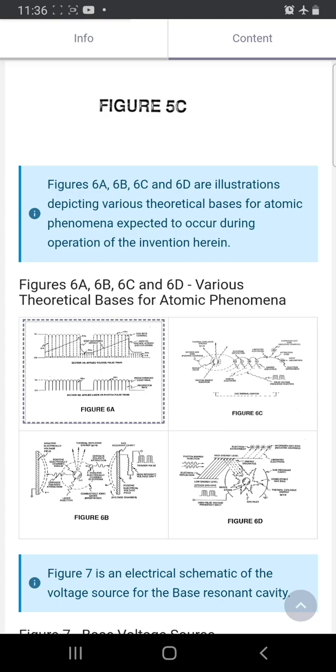So when it comes into the cell now, you get a doubling, a frequency doubling kind of effect. And that's described in the patent. So let's see if I can find that section.